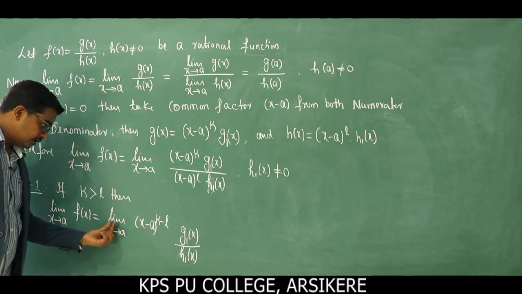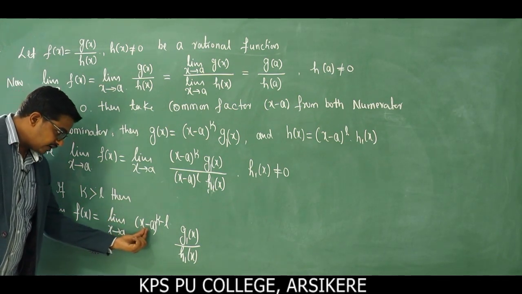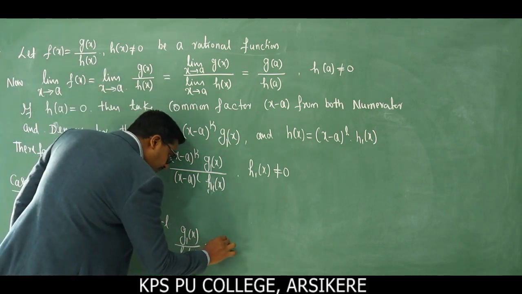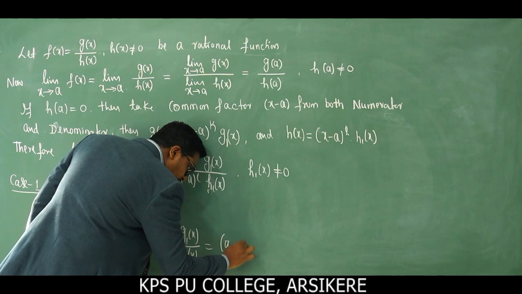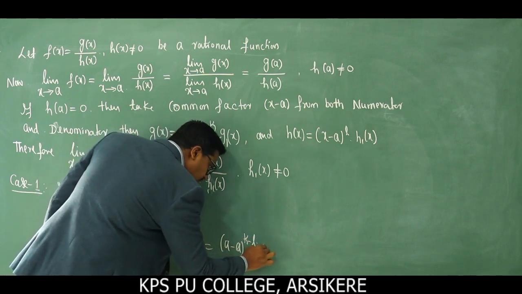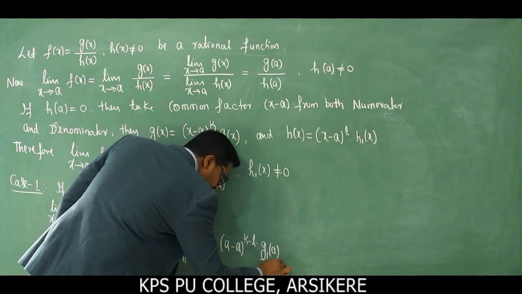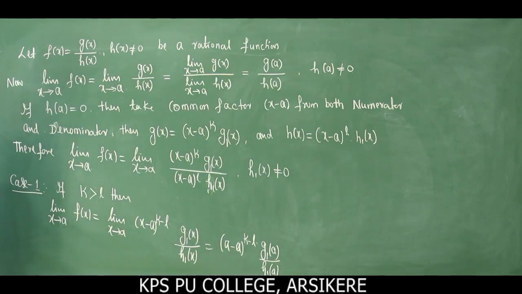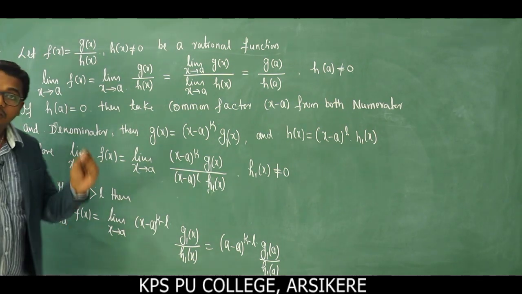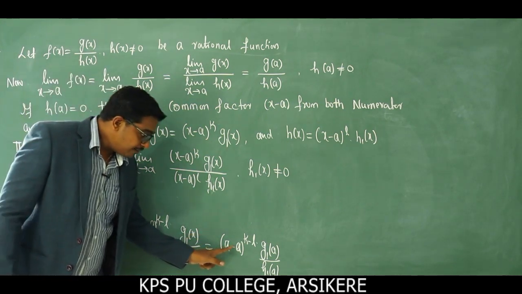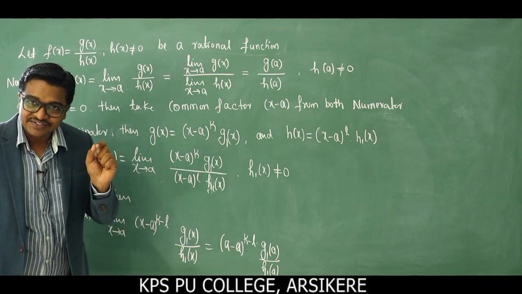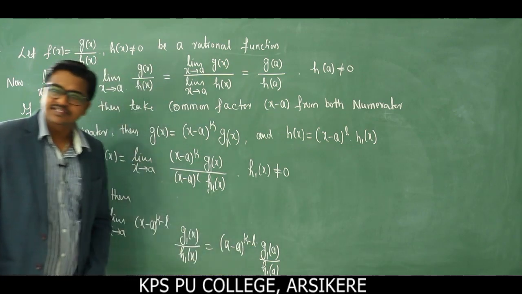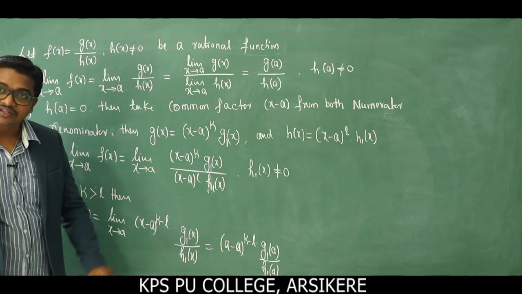And so limit x tends to a of (x minus a) whole power k minus l, replace x is equal to a there. That becomes (a minus a) whole power k minus l into g1 of a divided by h1 of a. Just replace x is equal to a. Now a minus a becomes 0, and 0 into anything is obviously 0.